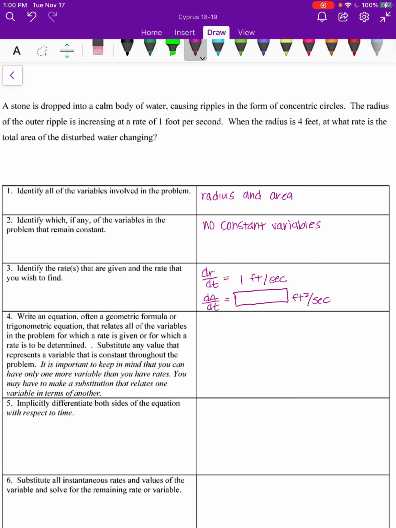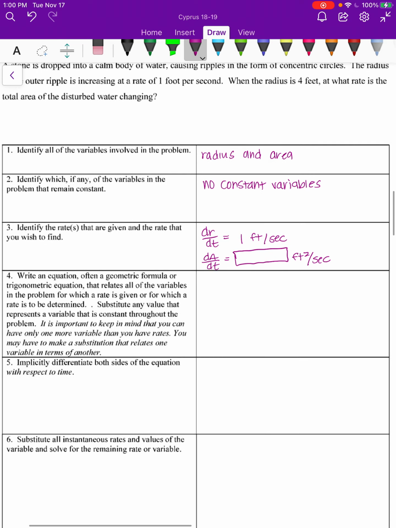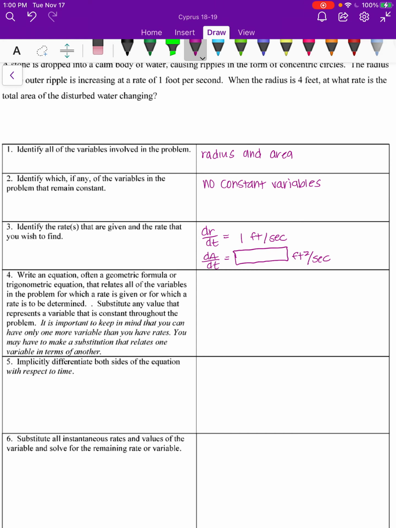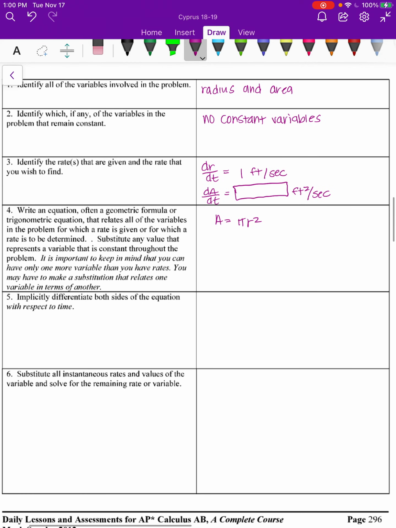And the area is in feet squared per second. So now what equation can we use to relate radius and area? Well, it's area of a circle, right? These are concentric circles that we're talking about. So really, we're just going to use the formula for the area of a circle, which is pi r squared.